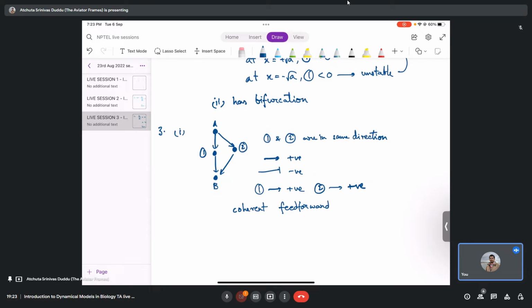Right, so essentially if they're in the same direction it's a feed forward, but if they're in opposite directions, there's a signal going from A to B and then from B to A, that means it has a kind of feedback loop in the motif, right?